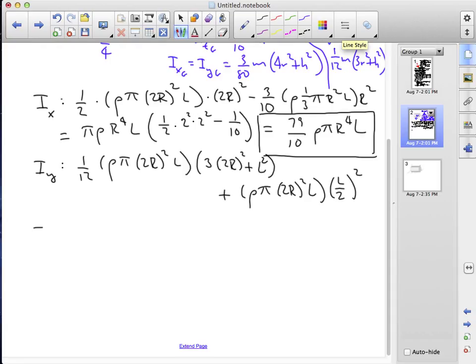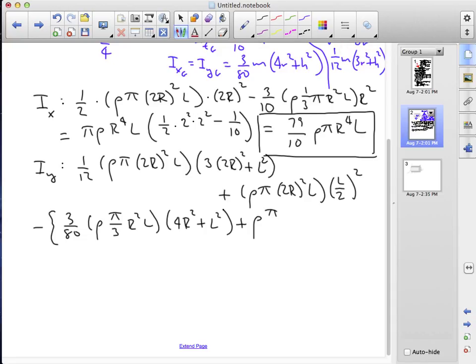Now we have to subtract off from this the contribution of the cone, which is 3 over 80 times the mass of the cone times 4r squared plus h squared, and the parallel axis offset is the mass times the distance between axes.